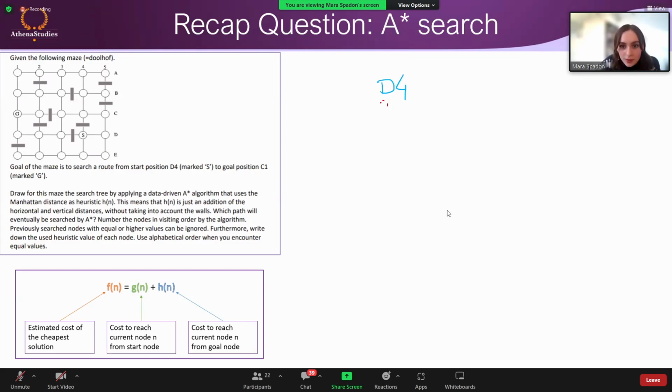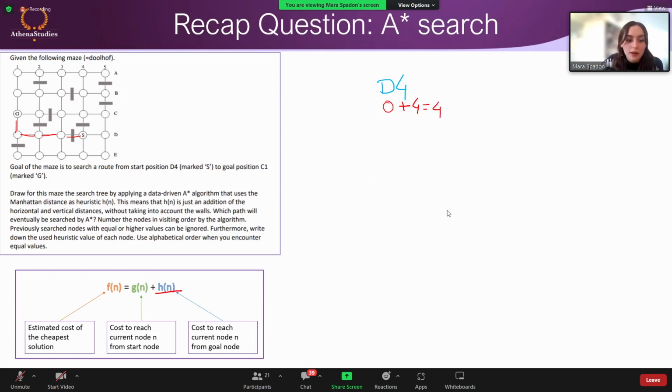And we add that to our Manhattan distance from the current node to the goal. Remember, with Manhattan distance we didn't need to take the walls into account. So what was the distance from the start to the goal? 4. Yes, 4 indeed, because we just take this path, and we don't have to take the walls into account. So for D4, we start out with the heuristic value of 4.